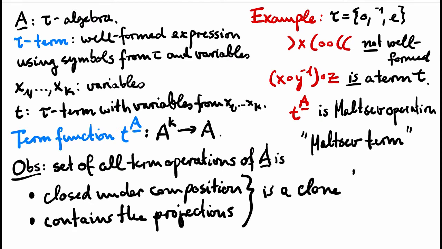So indeed, the set of all term operations over a given algebra forms a clone, which we denote by clo of that algebra. Many properties of an algebra A only depend on the clone of term operations of A. For example, whether or not a certain set is a subalgebra of A only depends on clo of A. Also, the question whether a certain relation is a congruence of A only depends on clo of A.